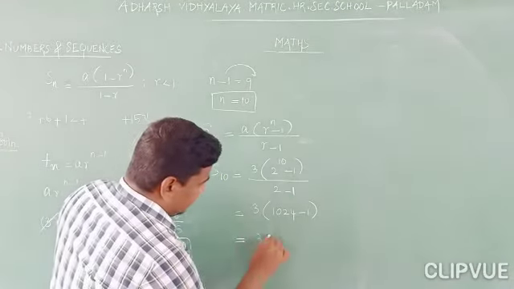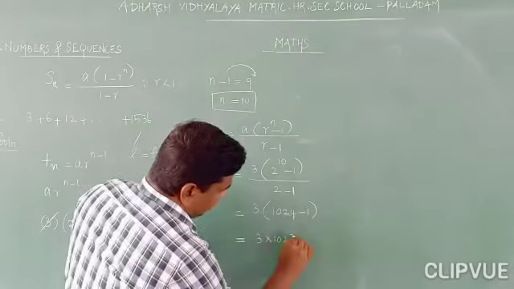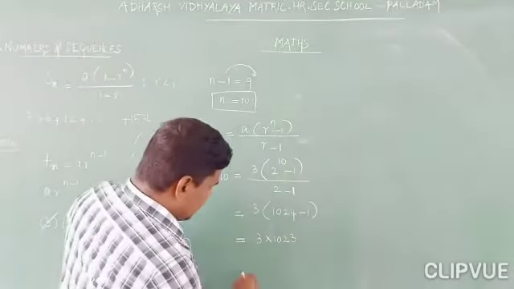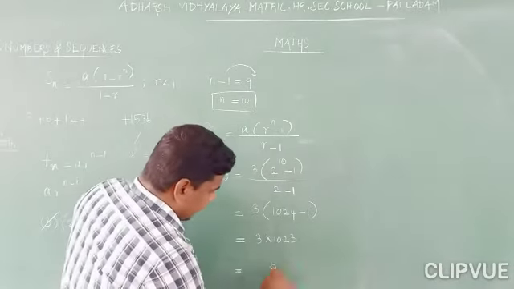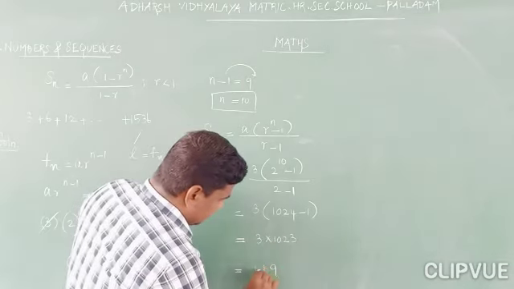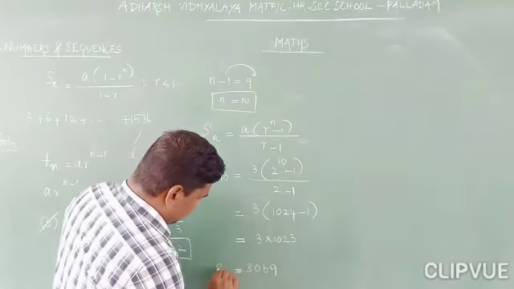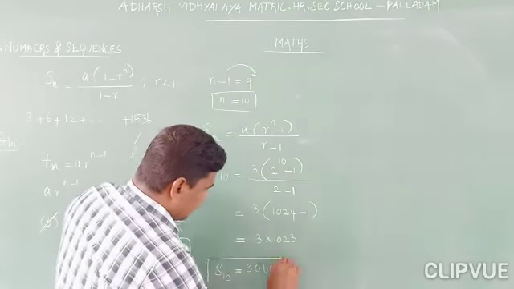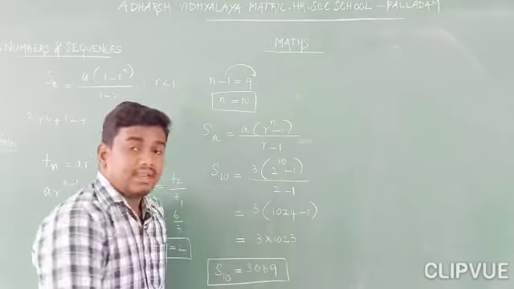So what do we get? 3 into 1023. When you multiply them, 3 into 3 is 9, 3 into 2 is 6, 0, 3. So S10 is equal to 3069.